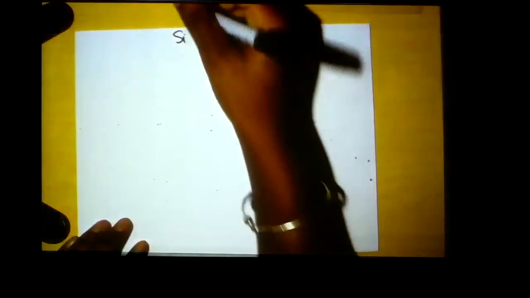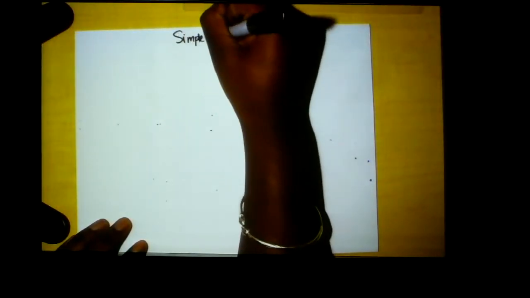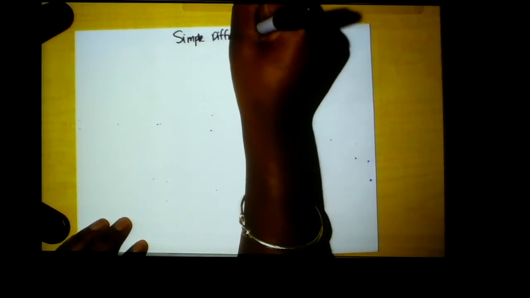All right, so we're talking about simple diffusion here.